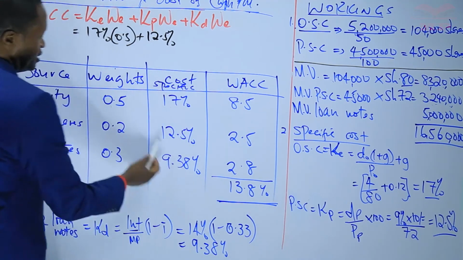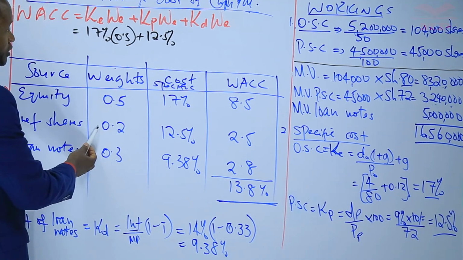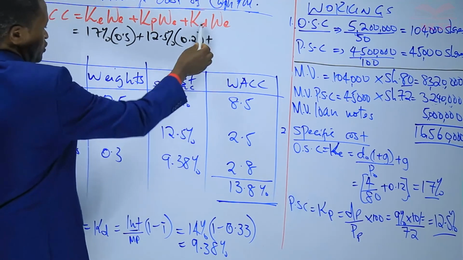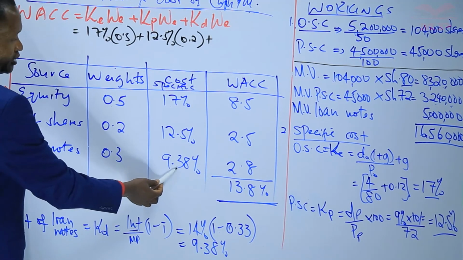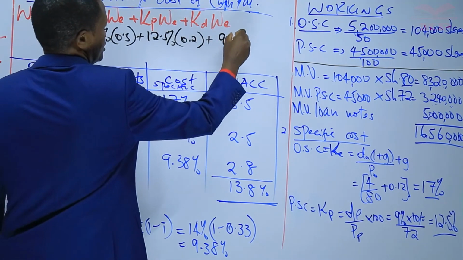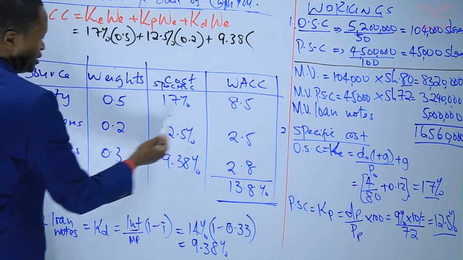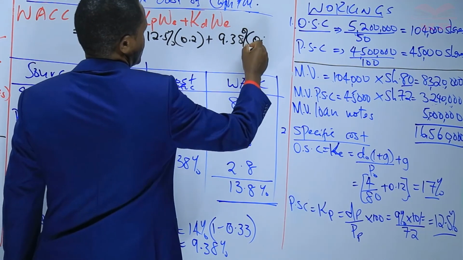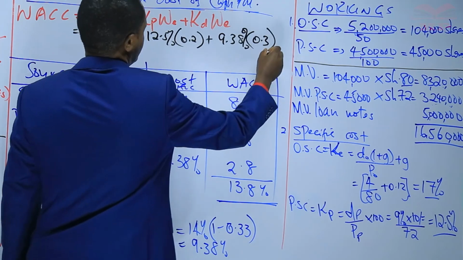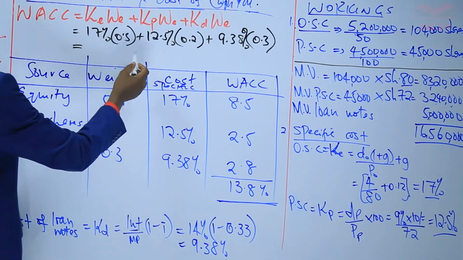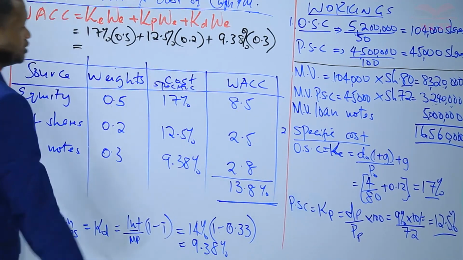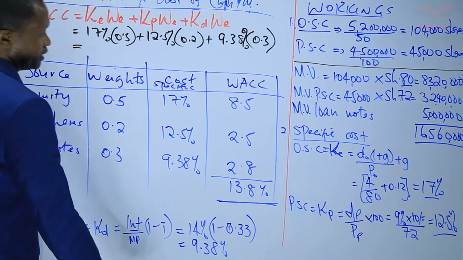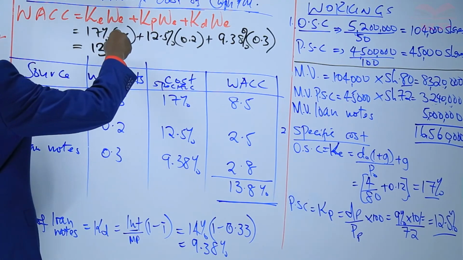The weight of preference shares is 0.2, plus the cost of debt, 9.38, times the weight of debt, 0.3. When you calculate these figures, you will definitely get the weighted average cost of capital of 13.8%.